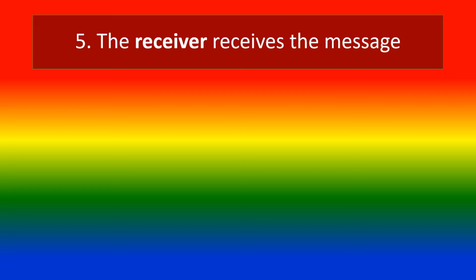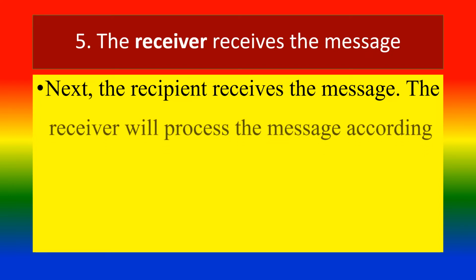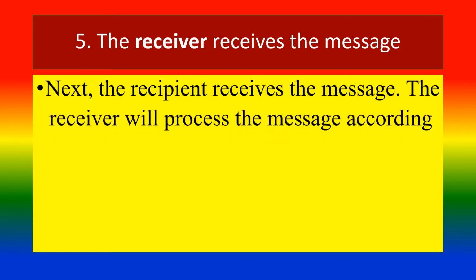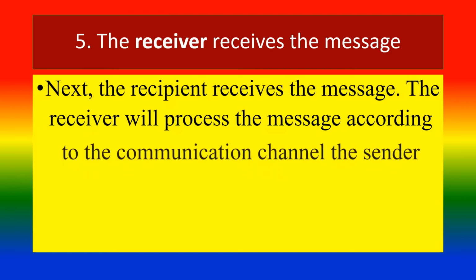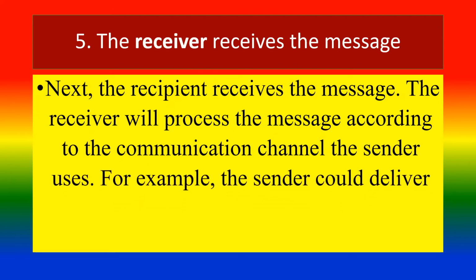Five, the receiver receives the message. Next, the recipient receives the message. The receiver will process the message according to the communication channel the sender uses.